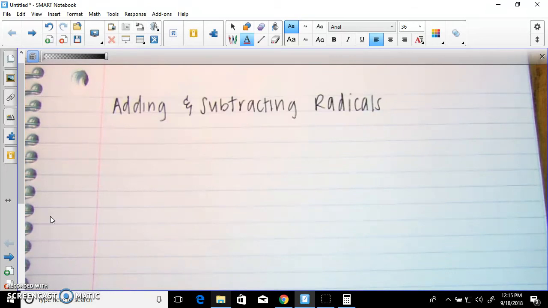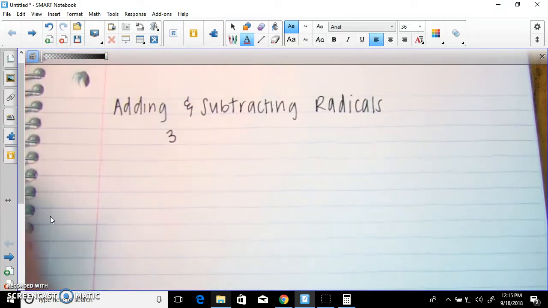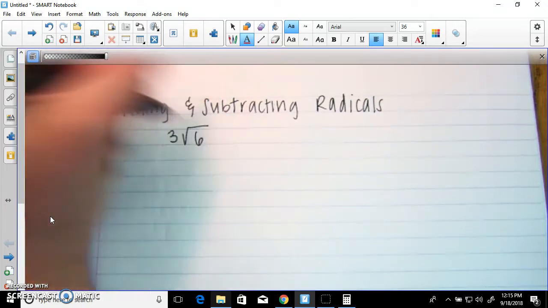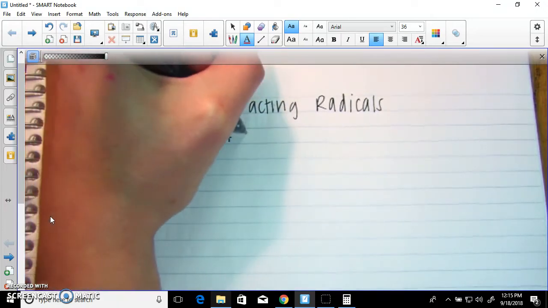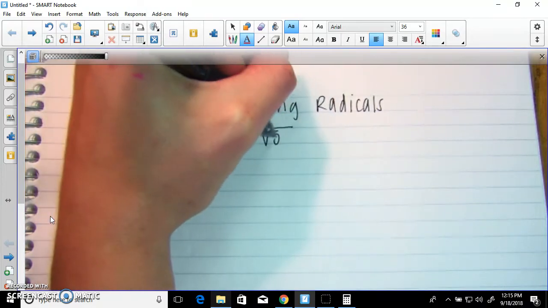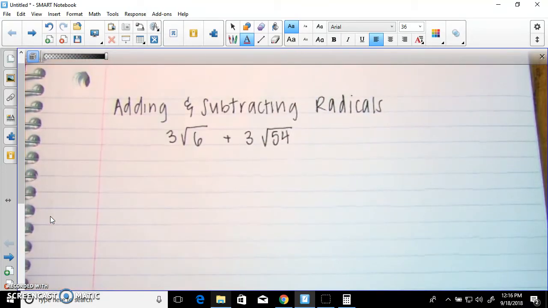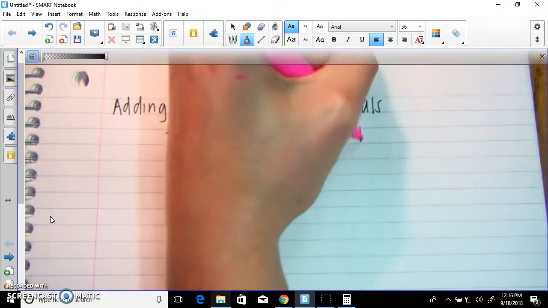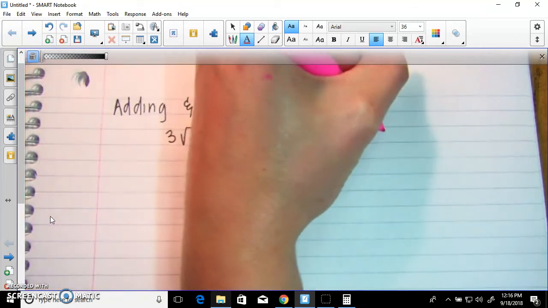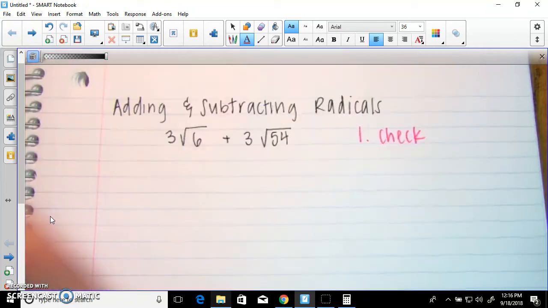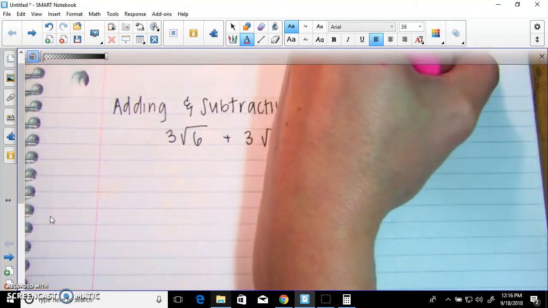Right? So let's try this. I have 3 root 6 plus 3 root 54. Okay. Our step 1 is we need to check the radicands.